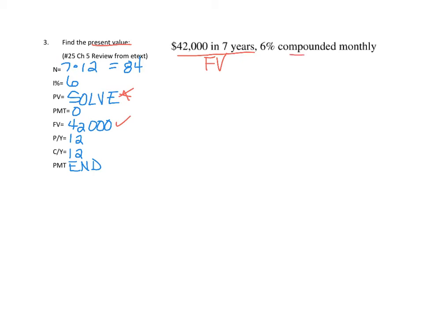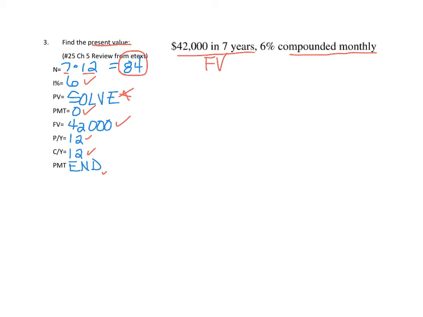And since it's compounded monthly, that's going to be 7 years times 12 months a year, which gives us n equal to 84 payments and compoundings at an interest rate of 6% with no additional payments, because we only have the future value and we're looking for the present value that would have been deposited to yield that future value. And again, compounded monthly means C/Y and P/Y are both 12 and at the end of each month.